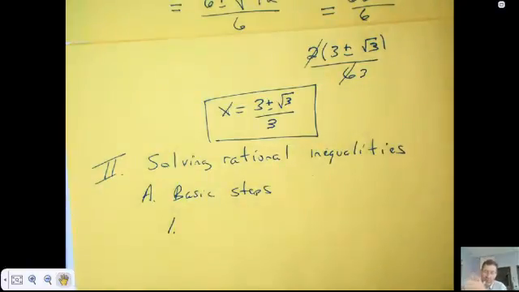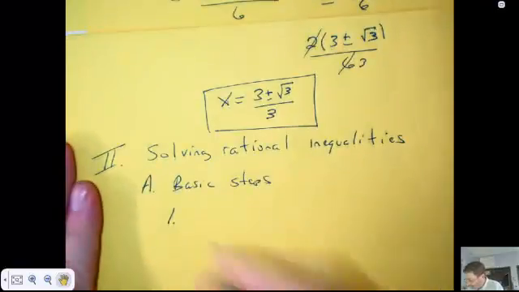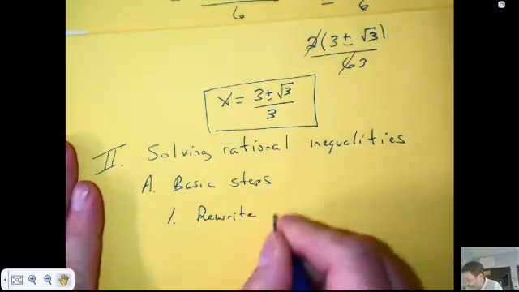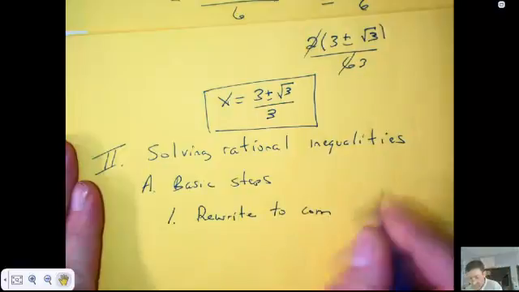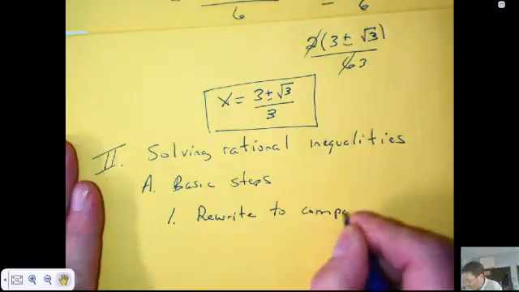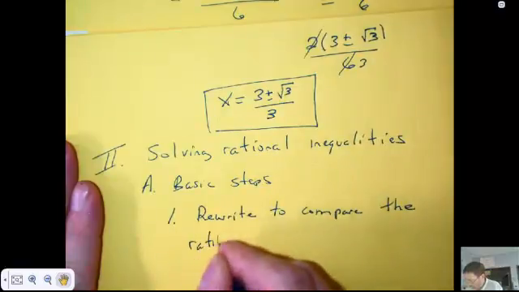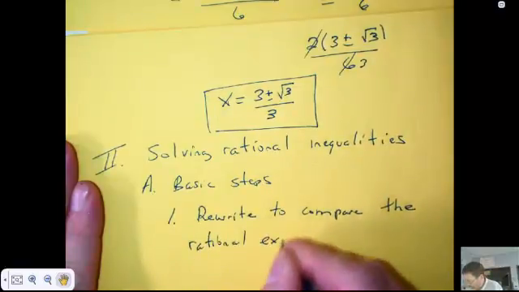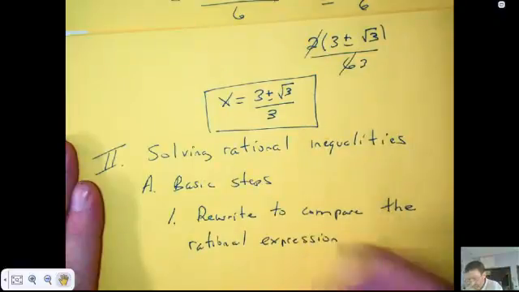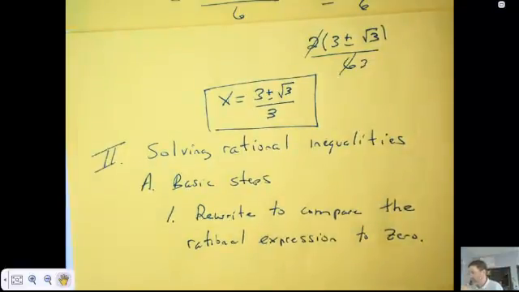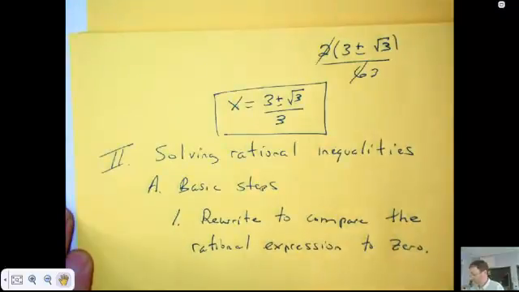You can rewrite it so that that happens. Sometimes they're written that way already. So rewrite a rational expression compared to 0. That's what we want to start off with.